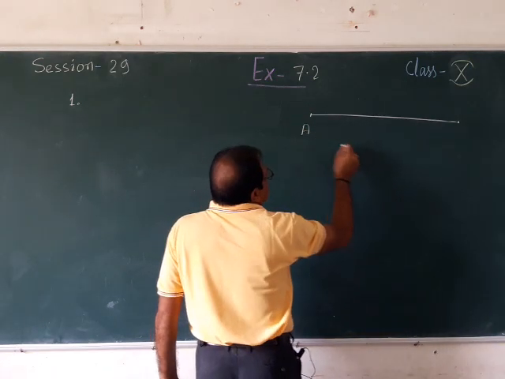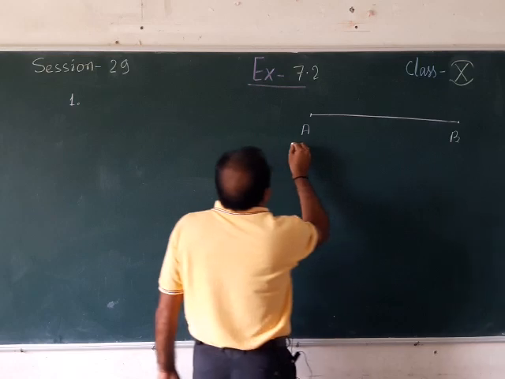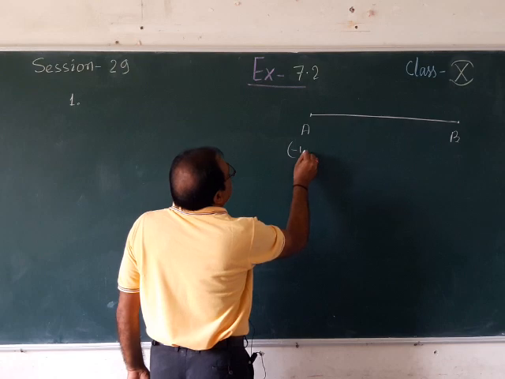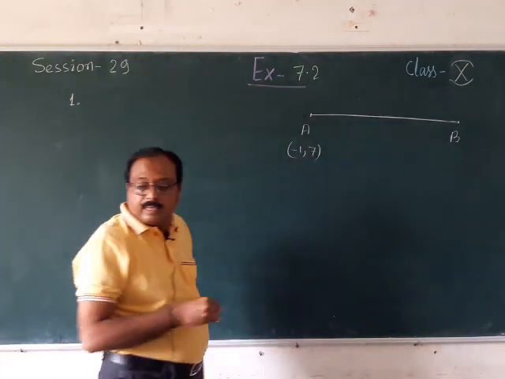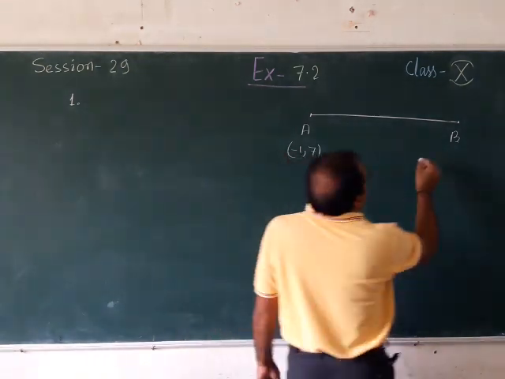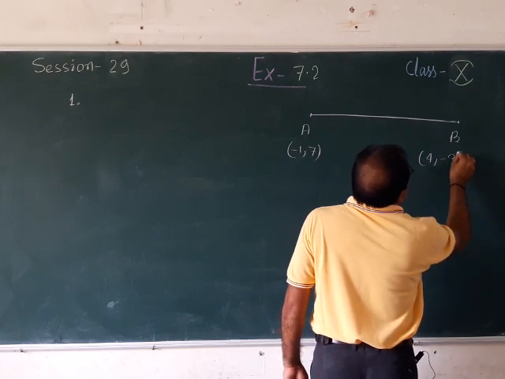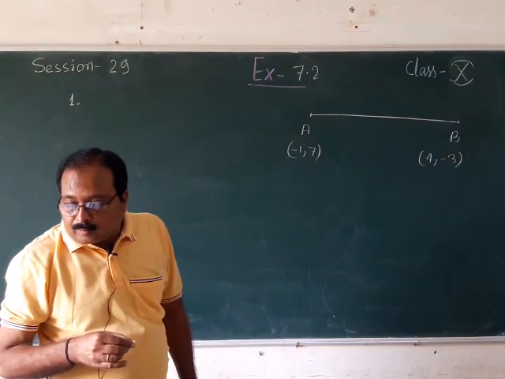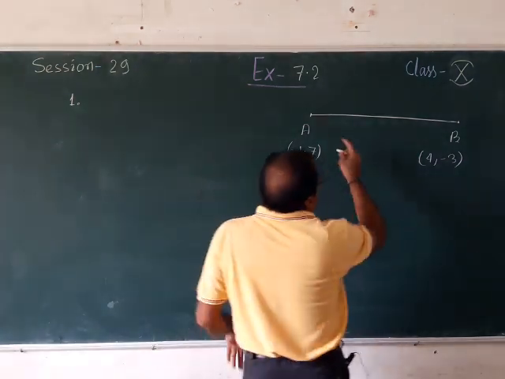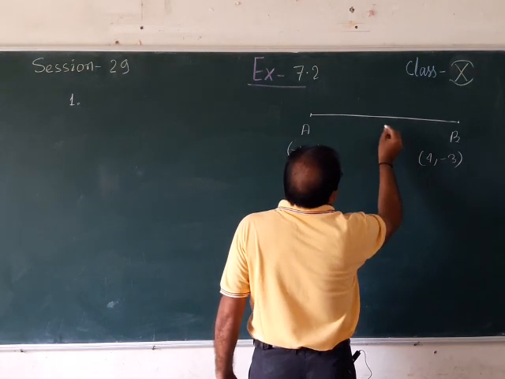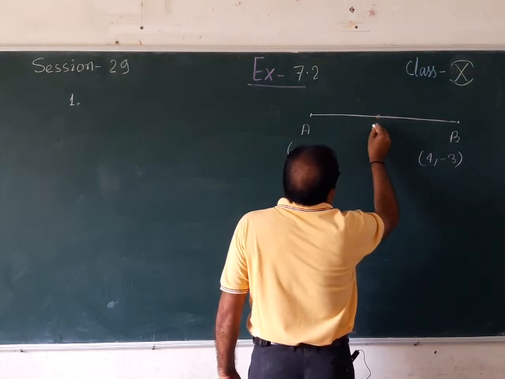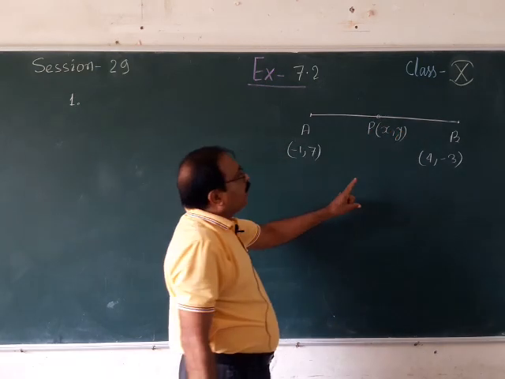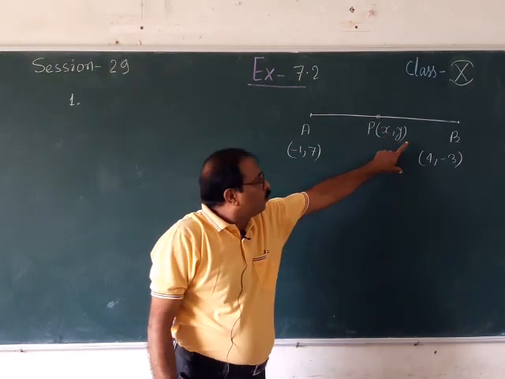Name it as A and B. Whatever coordinates are given, just write them down. (-1, 7) is the coordinate of A, and (4, -3) is the coordinate of B. Now, one point P is there on this line segment AB, and suppose its coordinate is (x, y). We need to find the values of x and y.